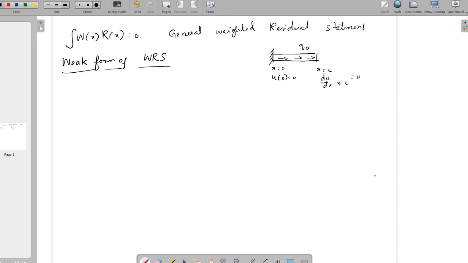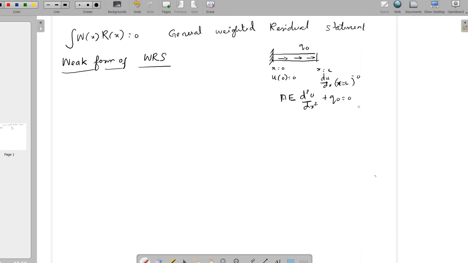So these are the boundary conditions. The governing equation in that axially loaded member is AE d square u by dx square plus q0 equal to 0.